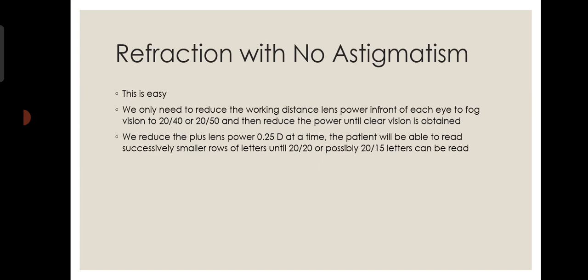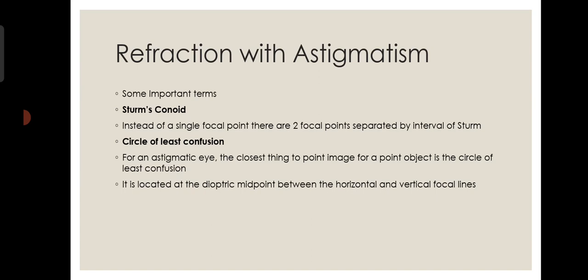Now, if the patient has astigmatism, then what to do? Astigmatism means the patient will have an unequal amount of refractive error in the two meridians. Okay, the horizontal meridian has one refractive error and the vertical meridian another, right?